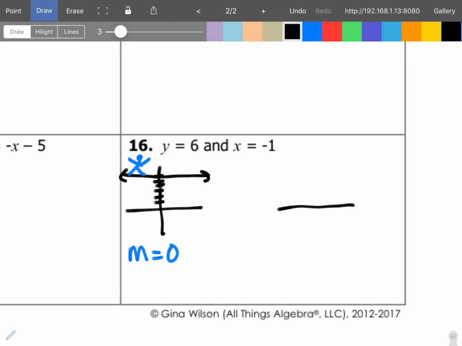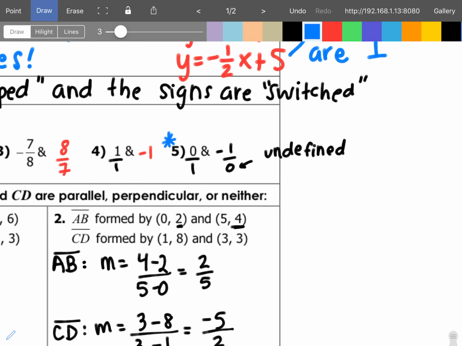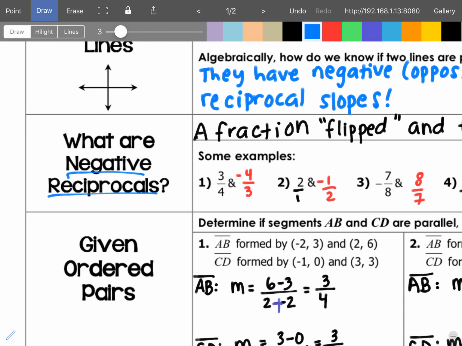Remember, if I have someone walking across this, it's not no slope, it's 0 slope. Now, if I have x equals negative 1, negative 1 is here for x, right? This is my line. And remember, if I have someone up here and they jump off, they're undefined. So my slope here is undefined. Remember that a 0 slope and an undefined slope are negative reciprocals of each other?